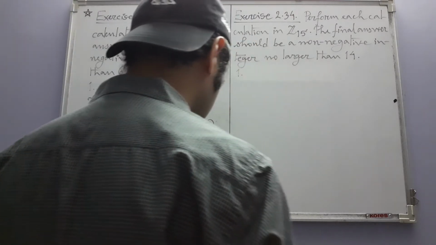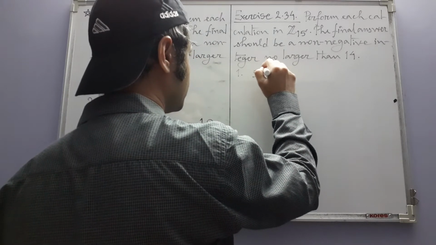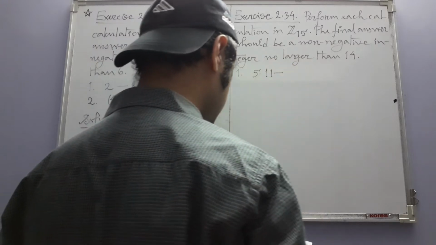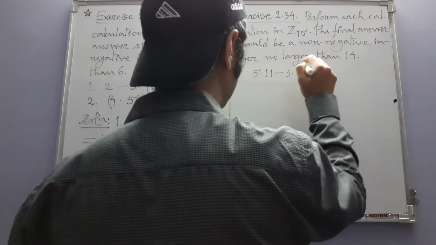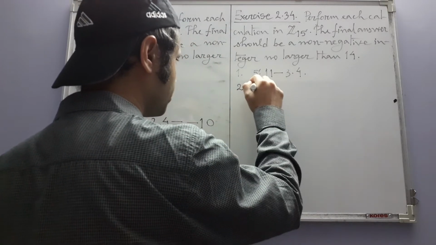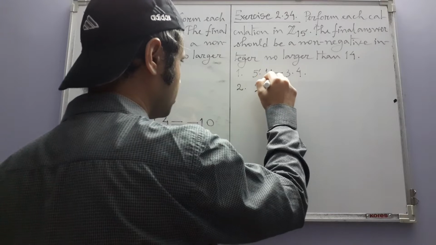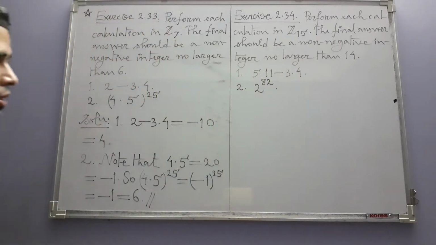The first one is 5 times 11 minus 3 times 4, and the second one is the 82nd power of 2.